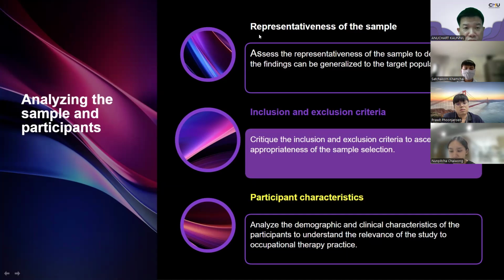Or this is an ADHD client, but mixed with another condition, or still has multiple diseases. Do we need to exclude them or not? Assess the representativeness of the sample to determine if findings can be generalized to the target population.